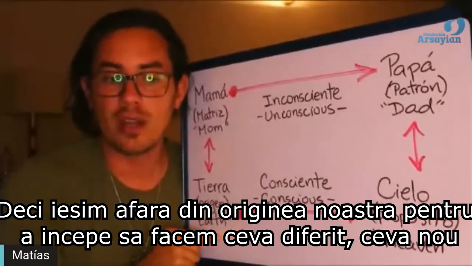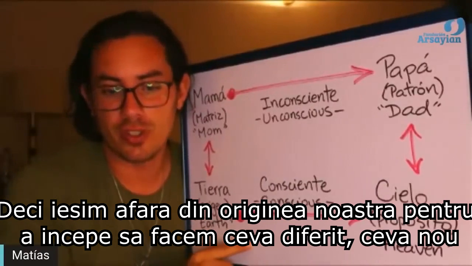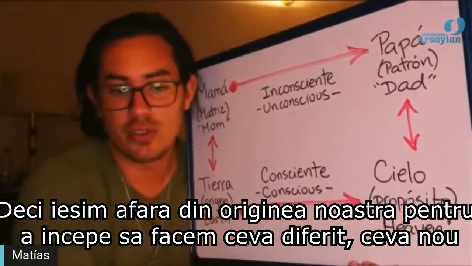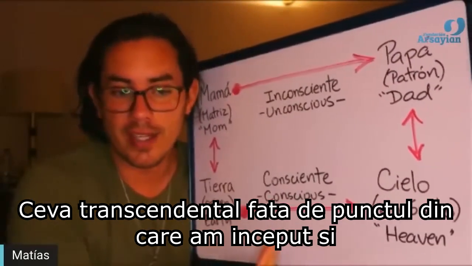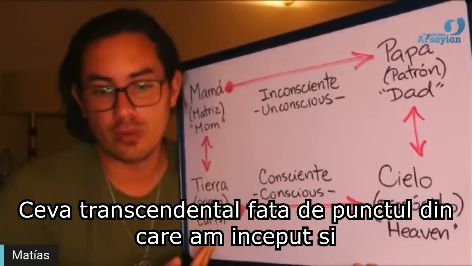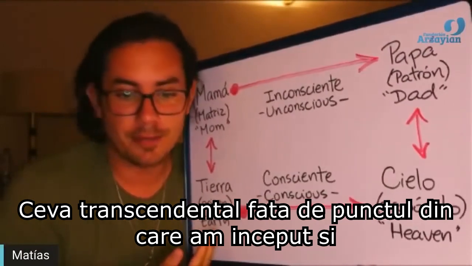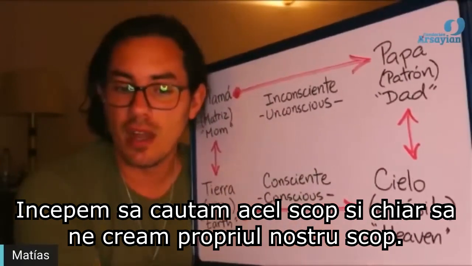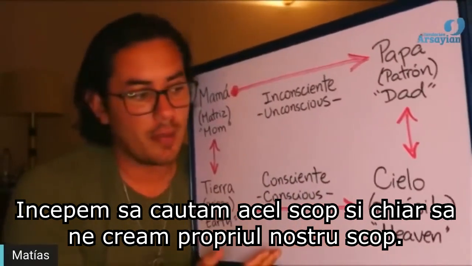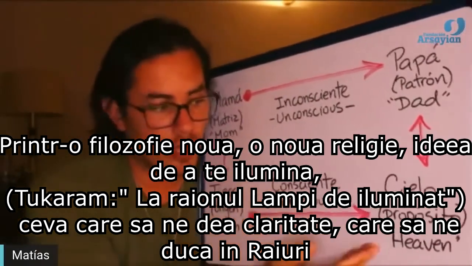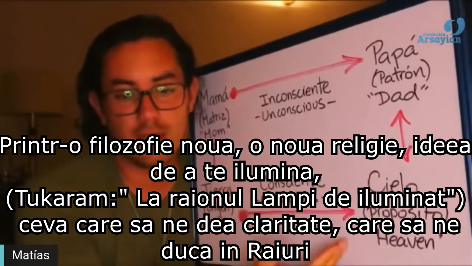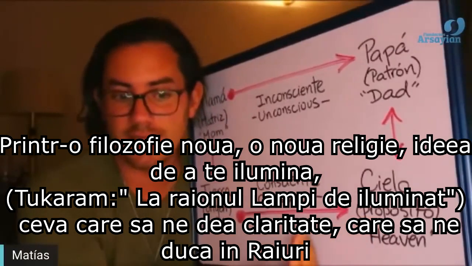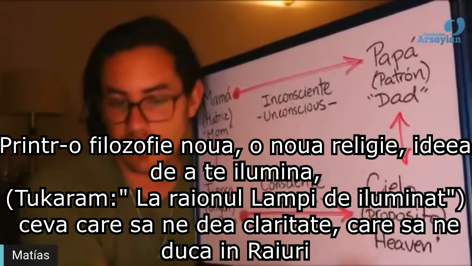So we come out from our origin to start to do something different, something new, that is transcendental from the point where we started. And so we start to look for that purpose, to create even our own purpose, through a new philosophy, a new religion, the idea of getting enlightened, something that gives us clarity, that takes us to the heavens.